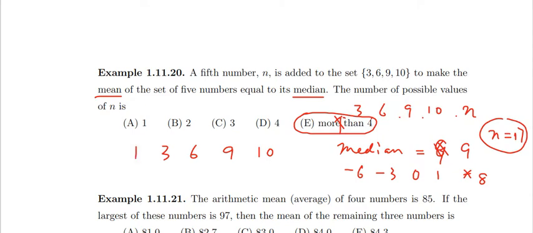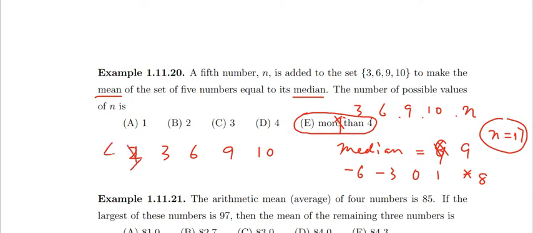If we put 1 here, the median is 6 and the mean is maybe not 6, right? If 2, the median is 6, but the mean is not 6. So 1, 2, 3 also do not work.